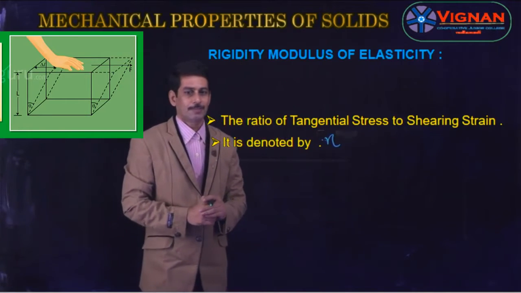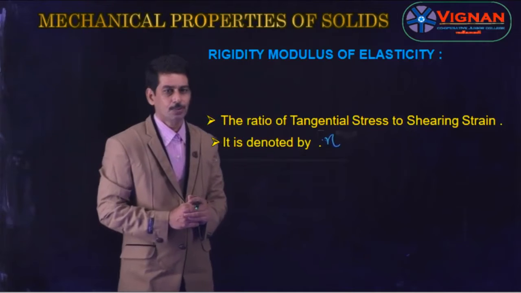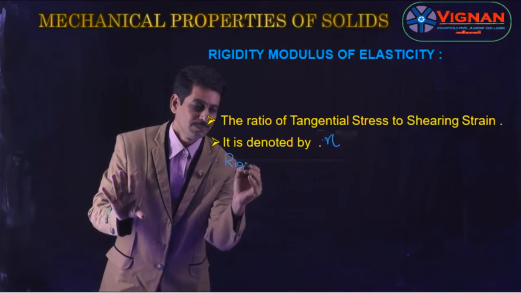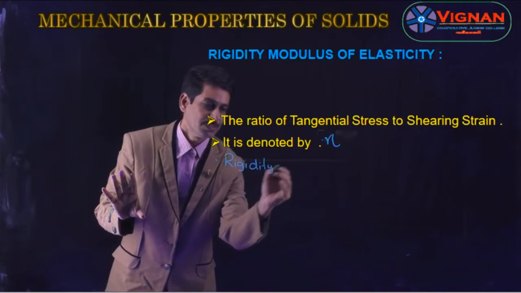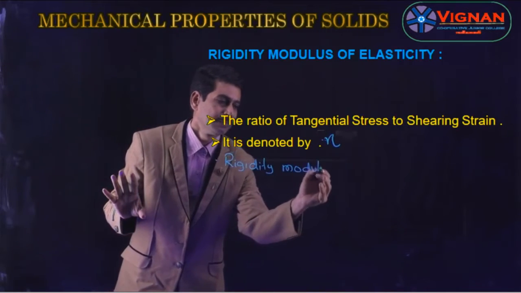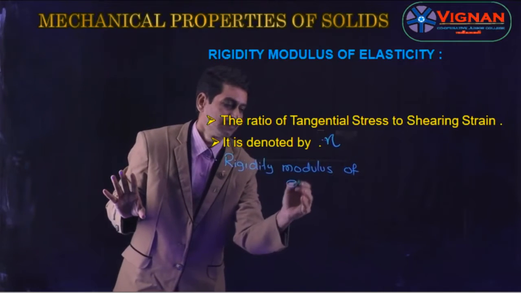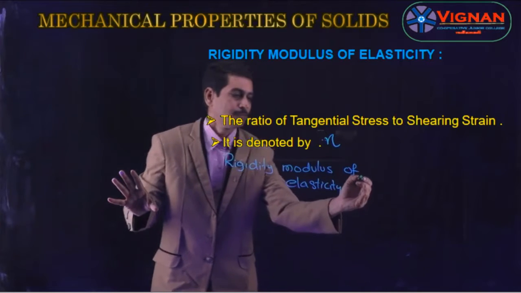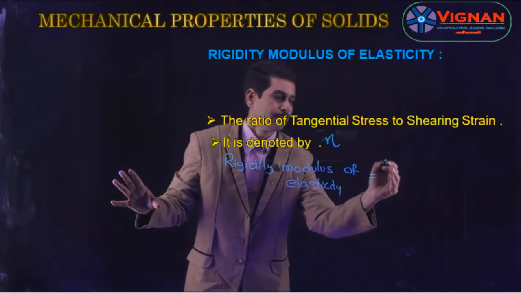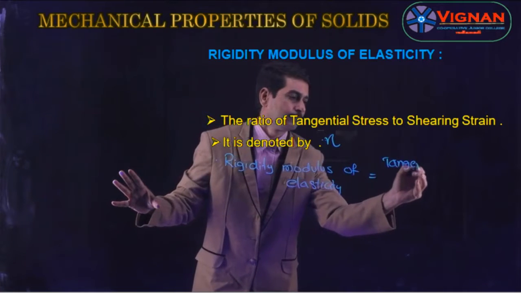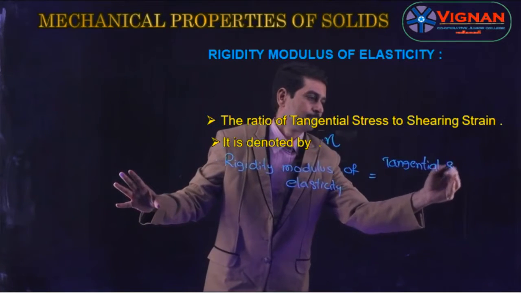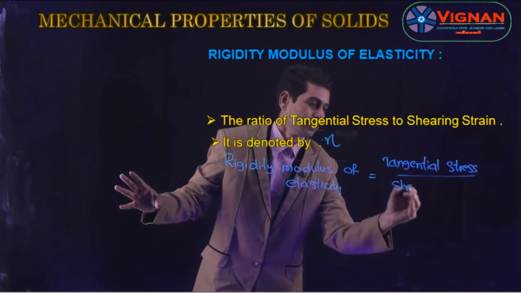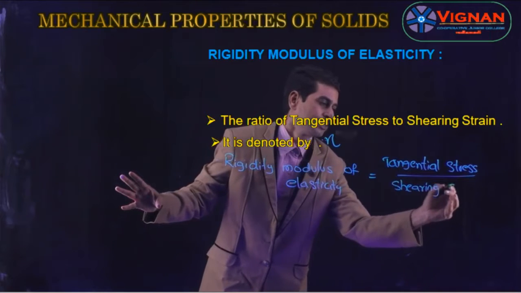The formula is rigidity modulus of elasticity equal to the ratio of tangential stress to shearing strain, also called tangential strain.